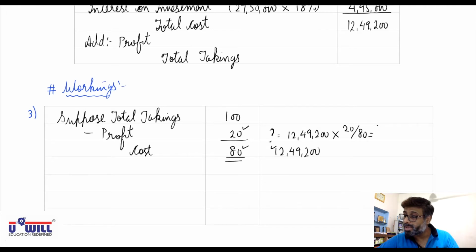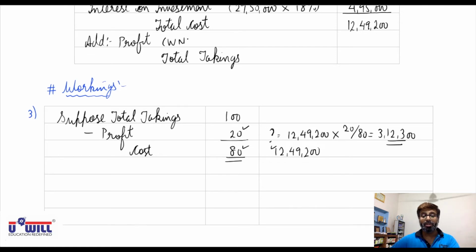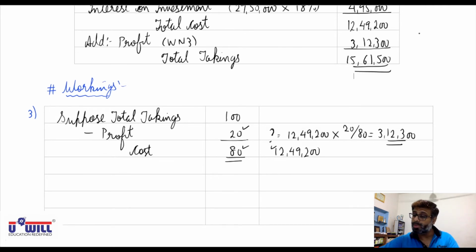That comes to 3,12,300. So profit is 3,12,300, in bracket of profit, working note 3. If we add that, we will get 15,61,500. This is the total takings to be recovered from all the rooms.